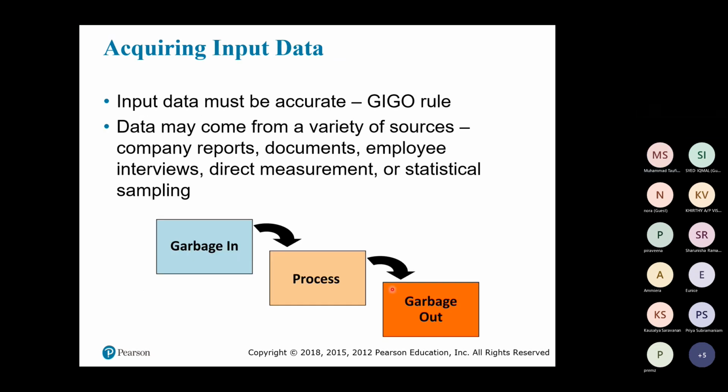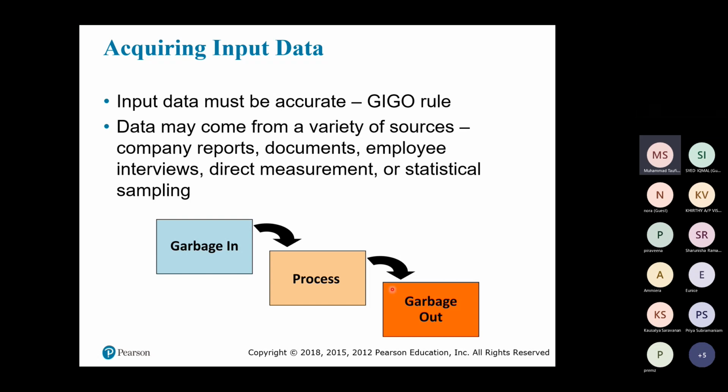After we develop the model, now we have to gather the input data. Why do we need the input data? Because the data will be injected into the model so that we run the model and then get the decision variable value. That is the reason for gathering the data.